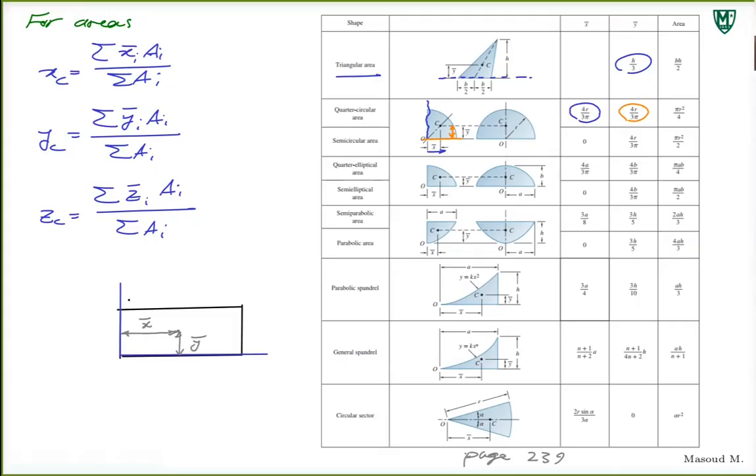If the width of your rectangle is A and the height is B, then your X bar is basically A over 2, and your Y bar is also B over 2. It's a simple case, and that's why we don't see it explicitly here.